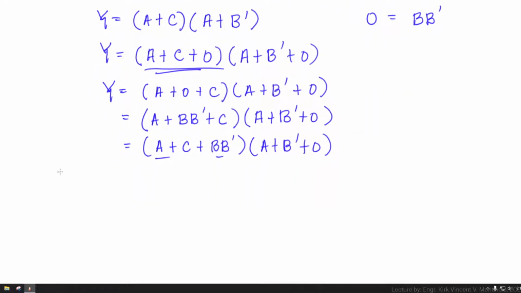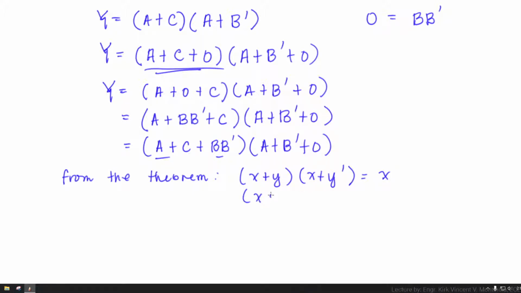Okay. We know from the theorem, we know that x plus y multiplied by x plus y naught, it is the same as saying x. Or you have x plus y and then x naught plus y is equals to y. Okay, you can prove that one by using the multiplication process and distributive FOIL method.